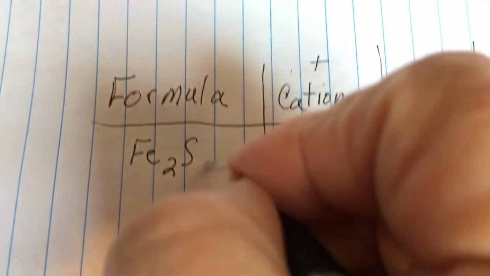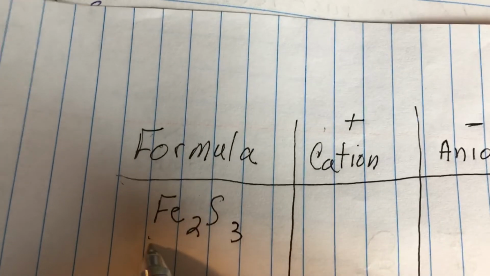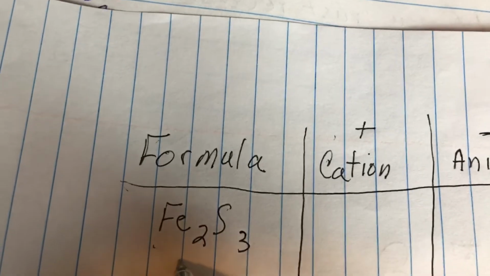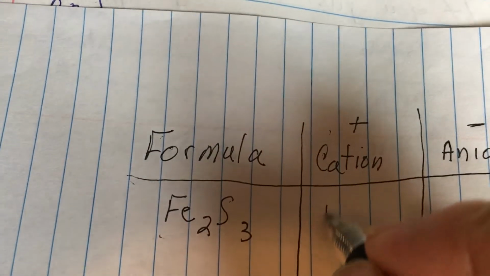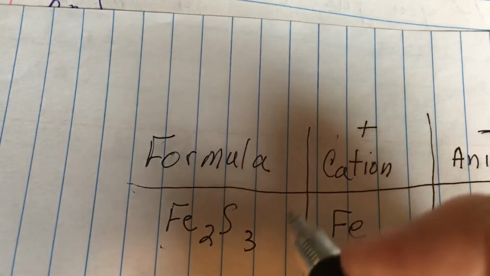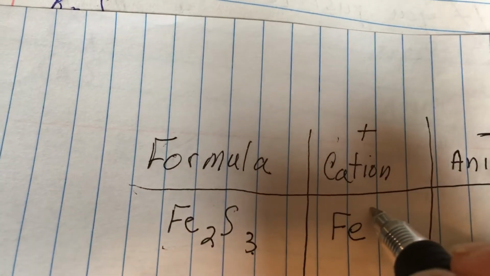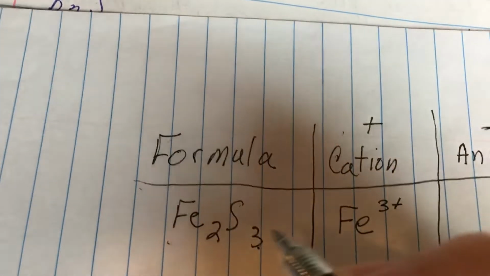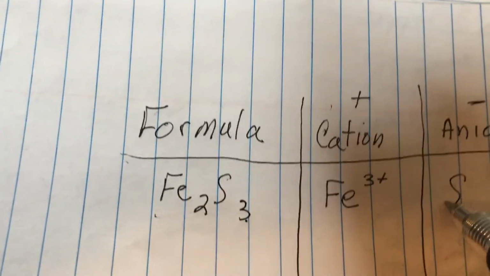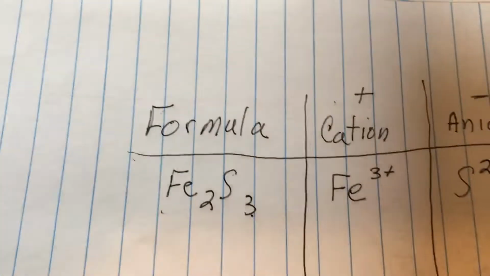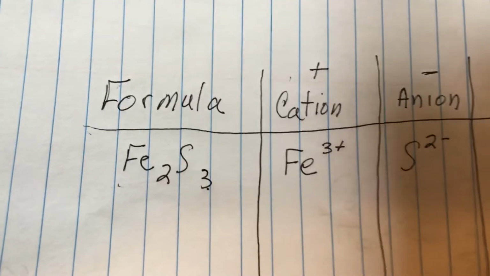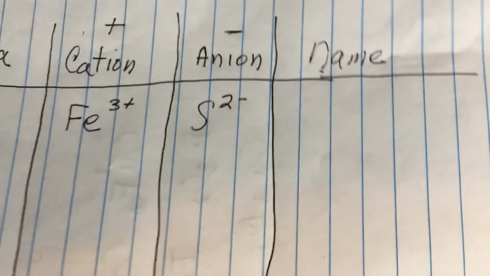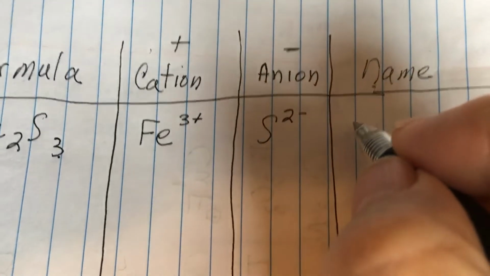So, the first one, we're going to write Fe2S3. Cation always comes first. So the cation is Fe3+. The anion is S2-. So we're going to write the name.